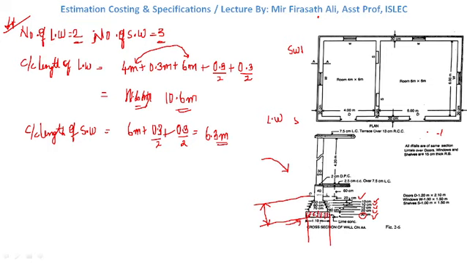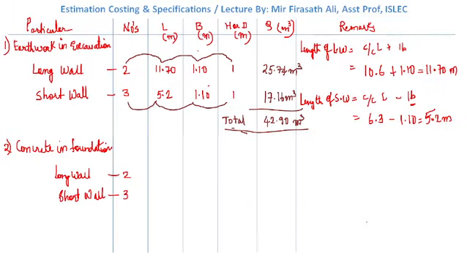The width is 1.10, whereas the depth is 30 centimeter. So just these 2 parts will be changing, rest everything will be the same. The length is 11.70. Here also the length is 5.2 itself. Breadth is also 1.10. Here also breadth 1.10.